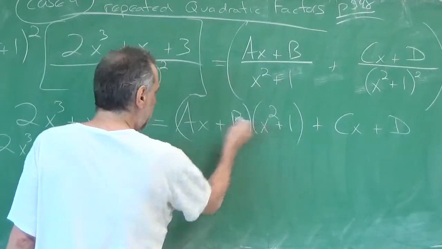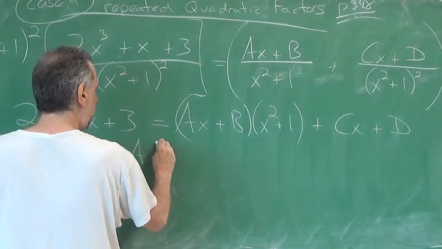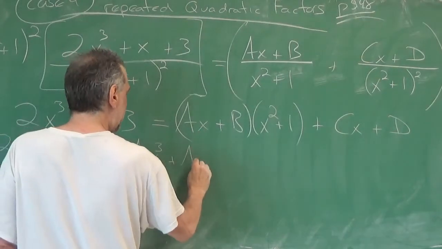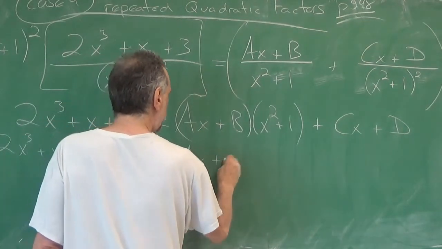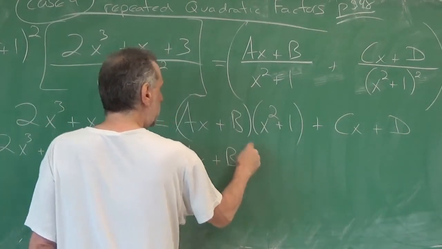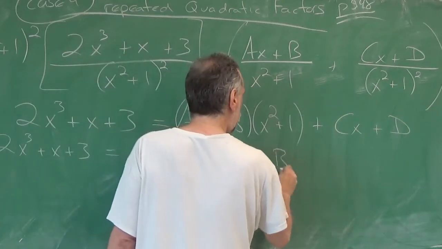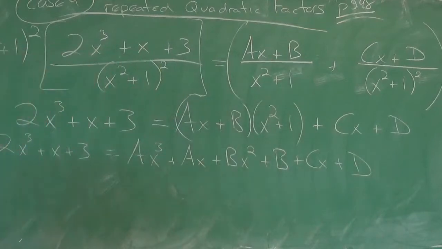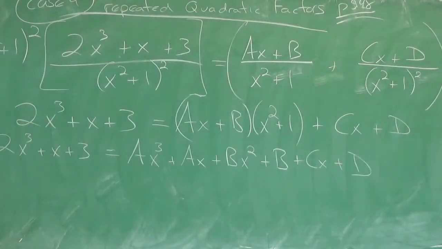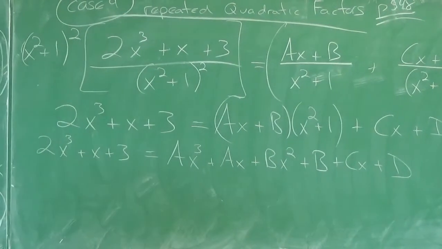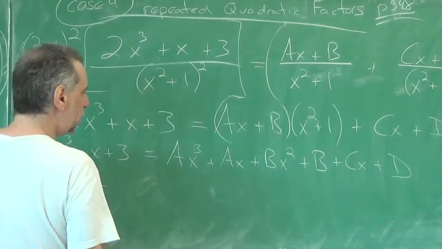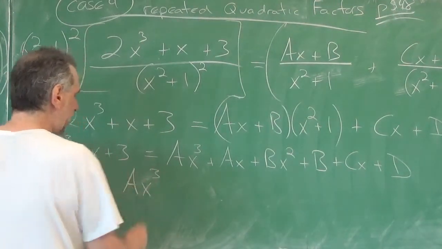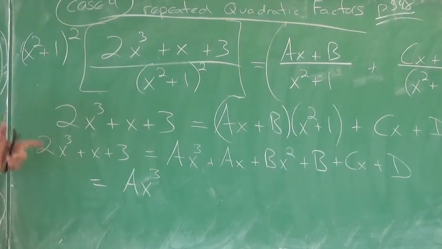We're going to FOIL this out. We get ax cubed, first terms, outside term ax, inside term bx squared, last term b, and cx and d. Gathering similar terms. Let's see, are there any similar terms? Just a couple. So there's only an a on the x cubed, so that's going to be really easy to deal with, right? We already know a is 2.